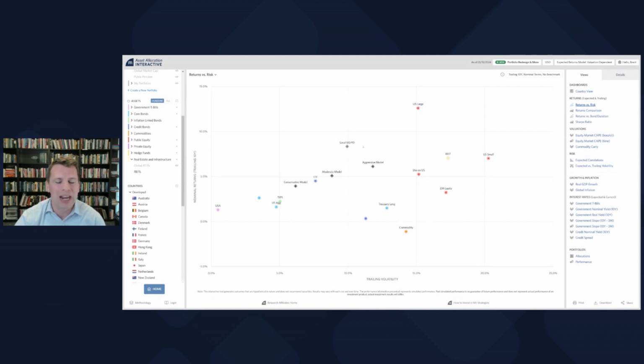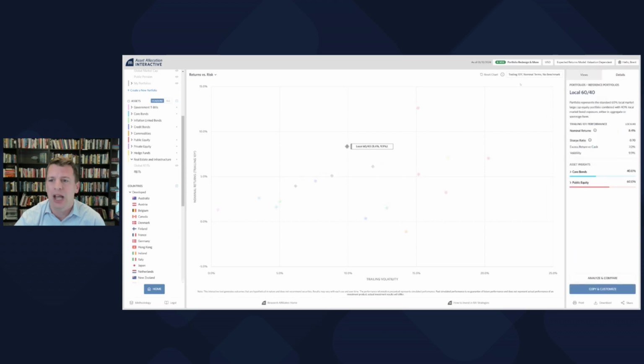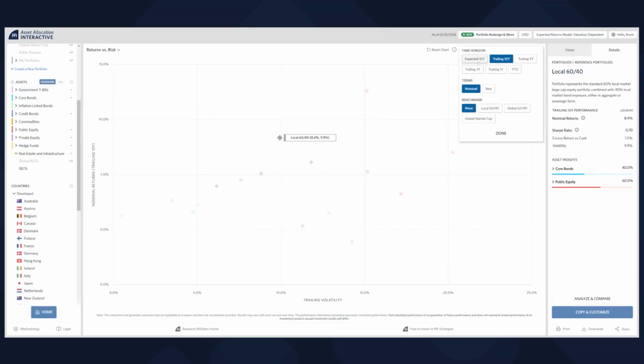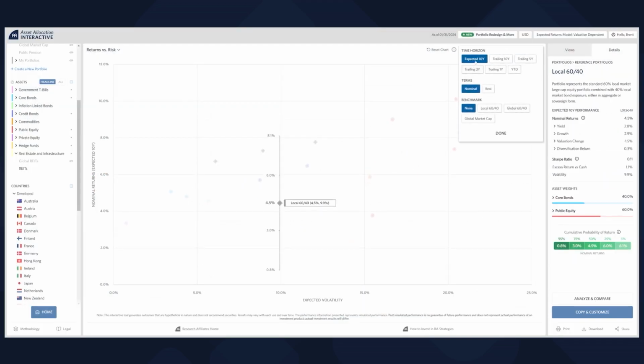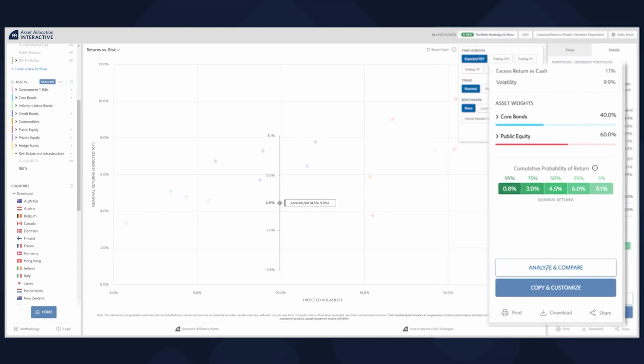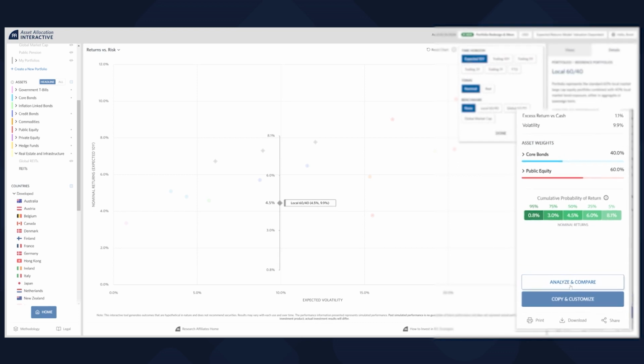But when you're building an asset allocation, you should be more interested in forward-looking return and risk as opposed to trailing return and risk. So I'm going to stick with this local 60/40, but toggle to expected 10-year return. When I do, you see I get this option in the lower right-hand corner of the screen called, again, Analyze and Compare.